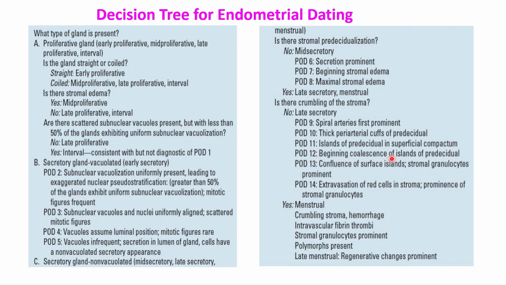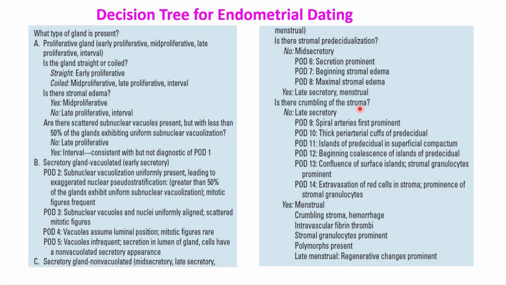POD 12, beginning coalescence of islands of predecidual. POD 13, this surface island shows stromal granulocytic presence. POD 14, extravasation of red cells in stroma and prominent stromal granulocytes. So superficial compactum layer is present at POD 11 in late secretory phase and excessive amount of stromal granulocytes are all present in POD 14 phase.